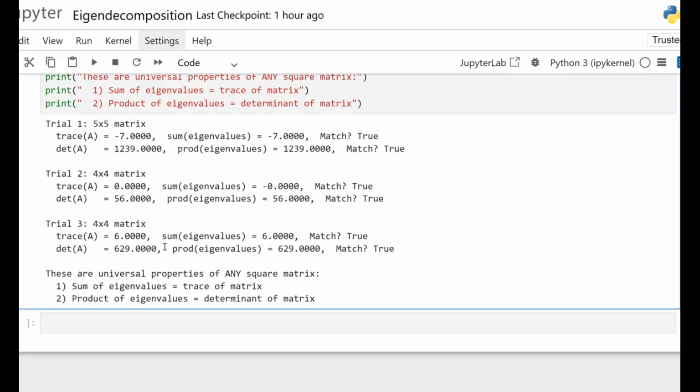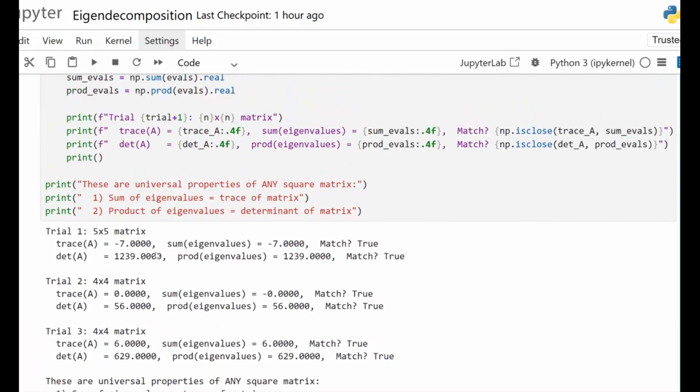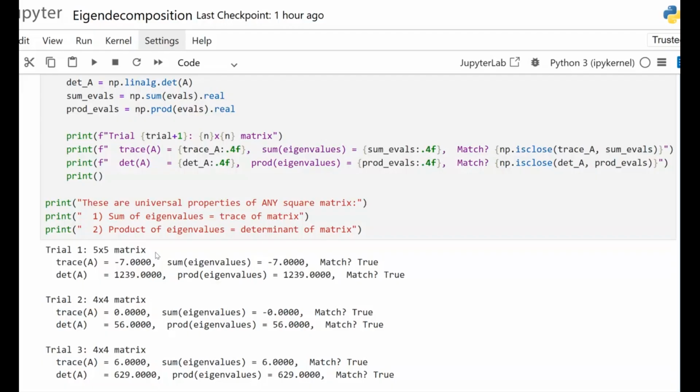And dear friends, these properties hold for any square matrix, not just symmetric, real or complex, even if the matrix is not diagonalizable or the eigenvalues are complex. From this we can say that the trace is the total linear scaling effect, a sum of directional stretch factors, and the determinant is the total volume scaling effect, including orientation, that is sign.